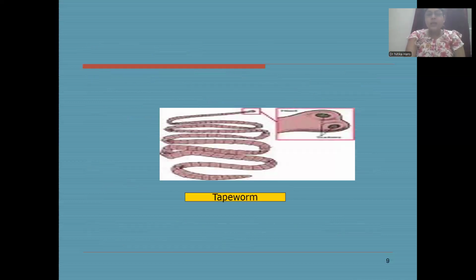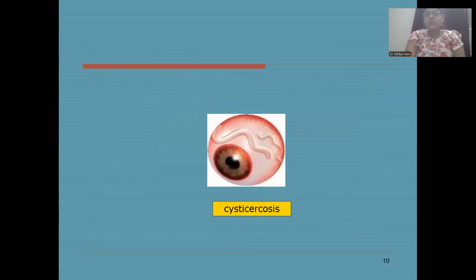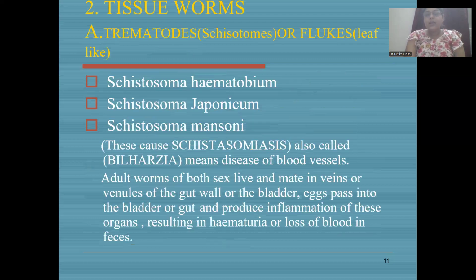So this is the tapeworm. This is cysticercosis, which can be caused by the tapeworm. It infects the muscle, viscera, brain, and eye.